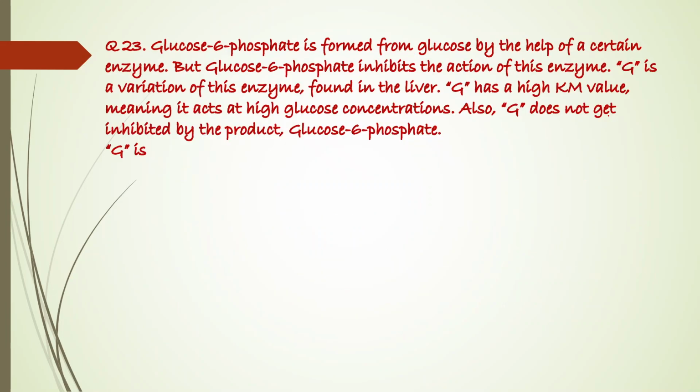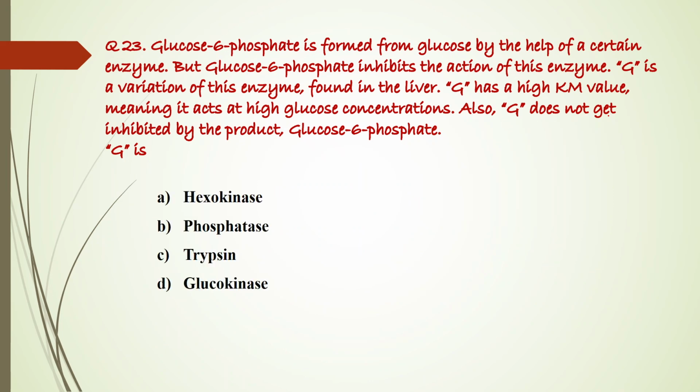Let us look at the next one. It says glucose 6-phosphate is formed from glucose with the help of a certain enzyme. We already know the enzyme, that is hexokinase. But glucose 6-phosphate inhibits the action of this enzyme. Obviously that is hexokinase.